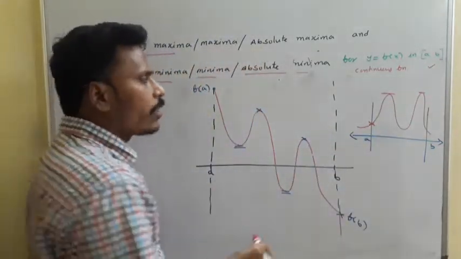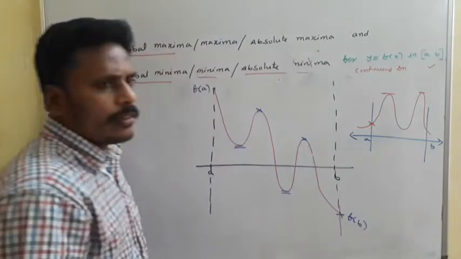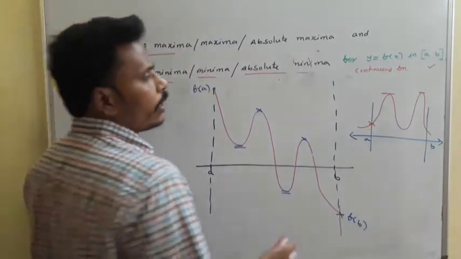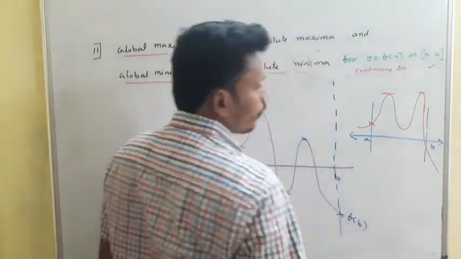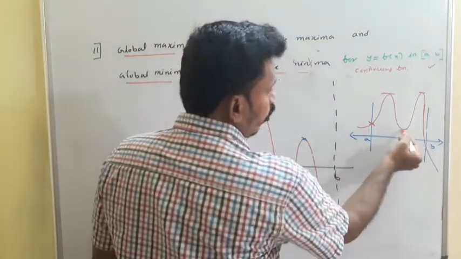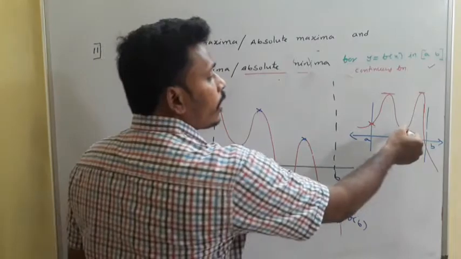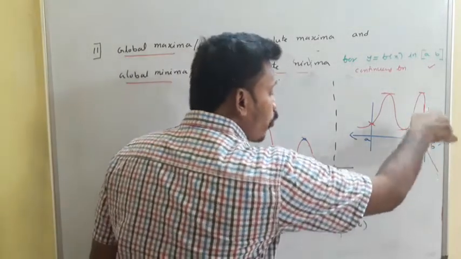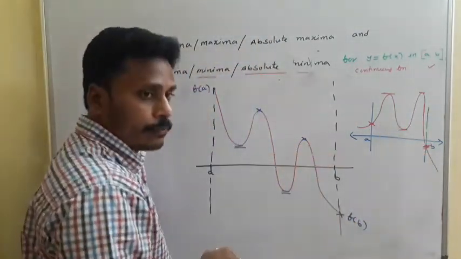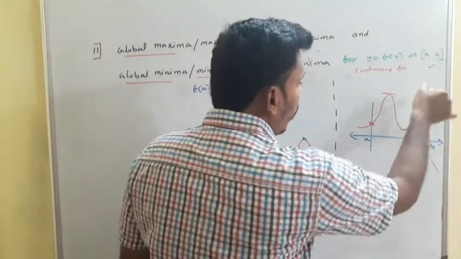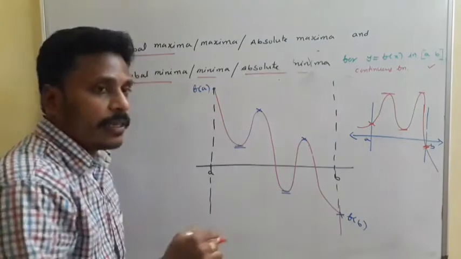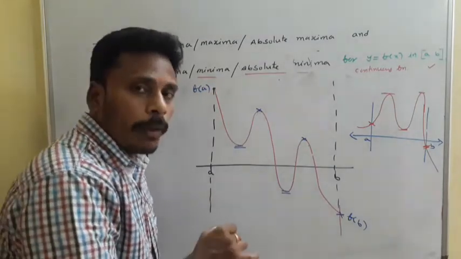So in that case, f of A won't play any role there. And in the same way, for suppose if the graph is moving like this, in this case, this is local minima, but f of B is smaller than this local minima value. So here the global minima is not at this point, but whereas global minima is at this B, f of B is the global minima.